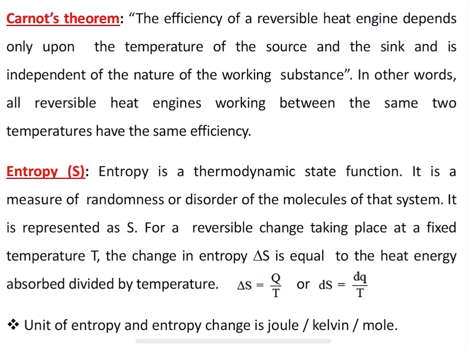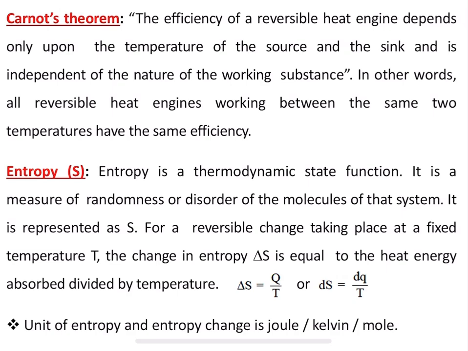When the ideal gas absorbs some amount of heat energy, not all of the absorbed heat is utilized for work done; some part of the heat is left behind from the system or from the source. That is the difference between how much heat has been absorbed by the system and how much has been converted into work. This gives us the efficiency of the heat engine.